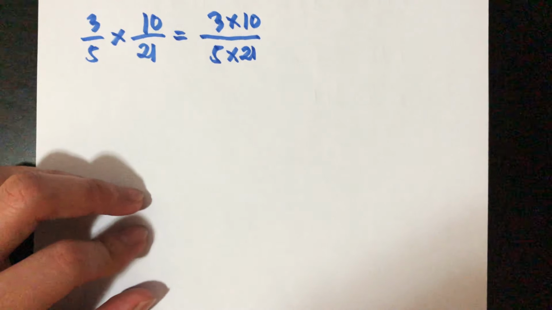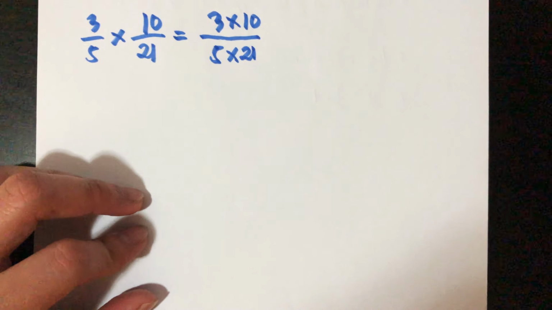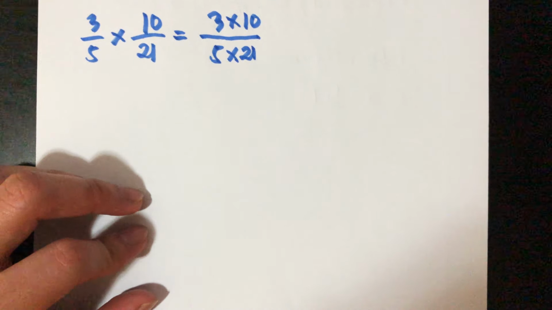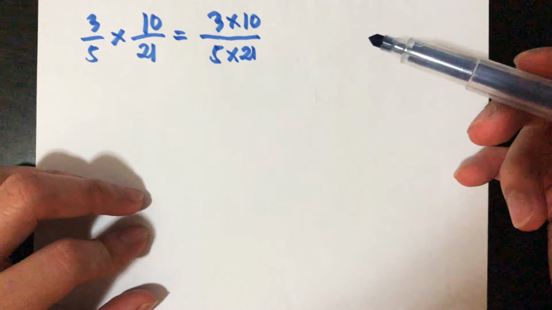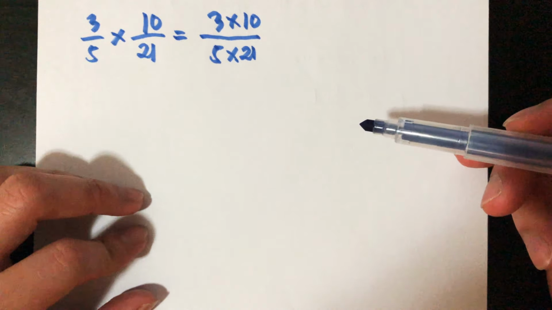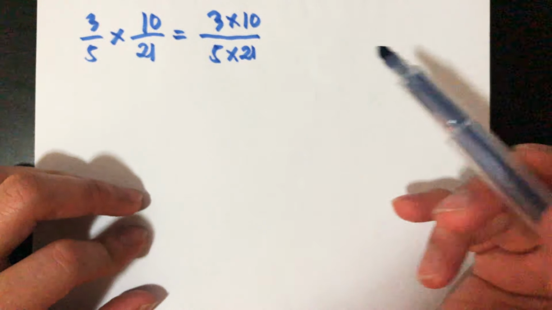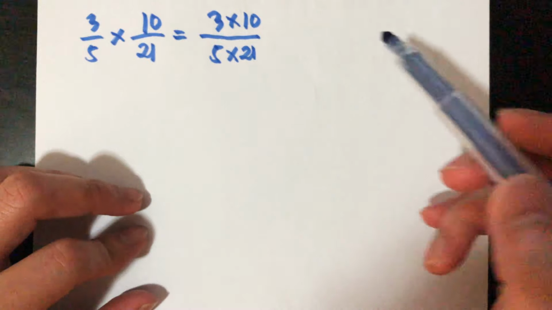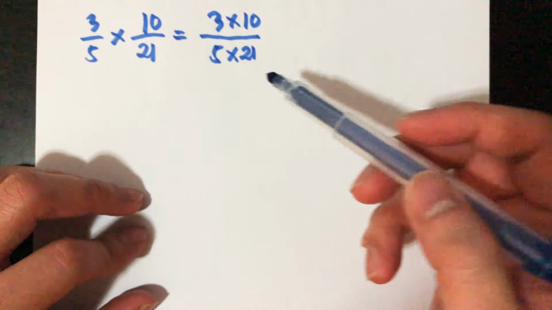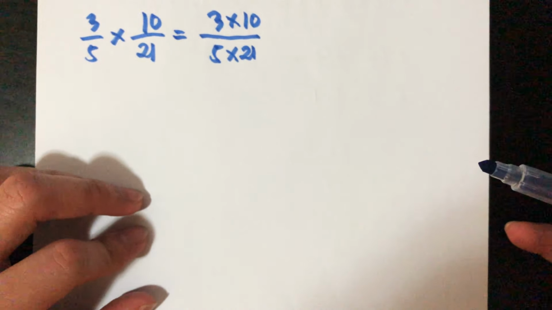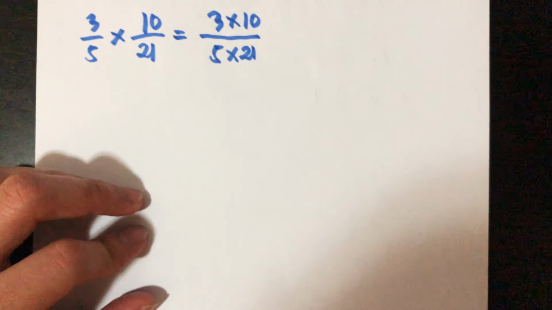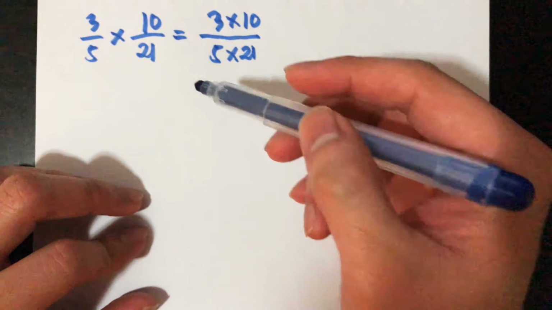Okay? Now again, we can use the same procedures. We can use the first one in which we just multiply the numerators and multiply the denominators. But again, the problem is the numbers are getting bigger. So I suggest that we factor out the numbers. Okay?